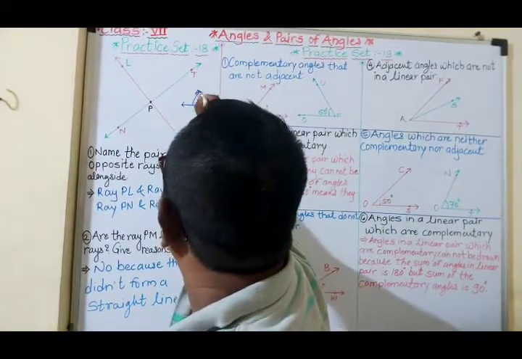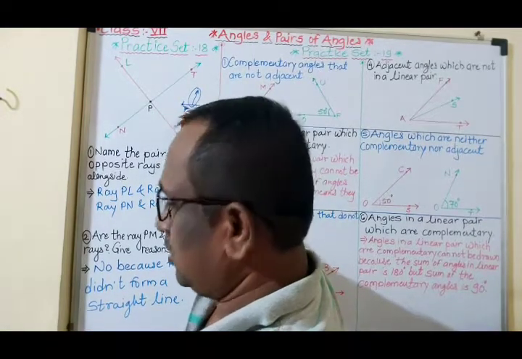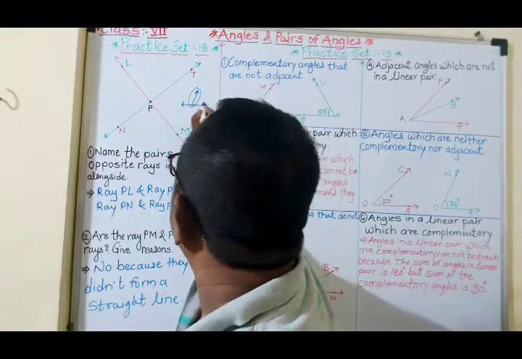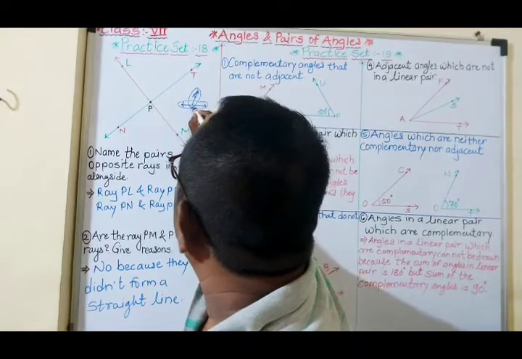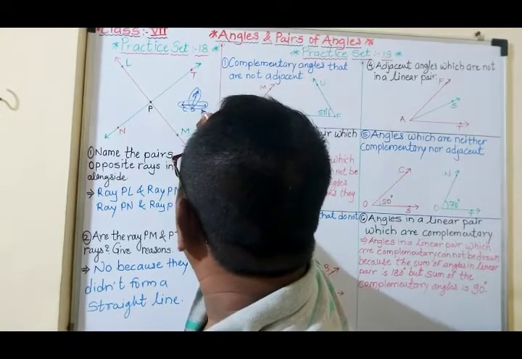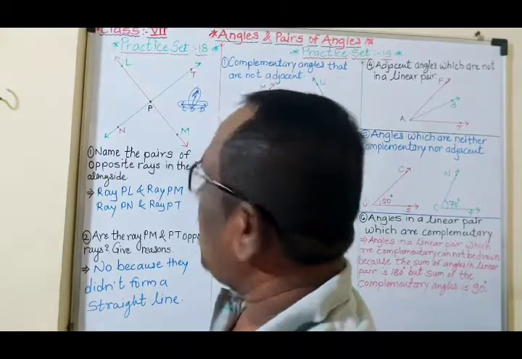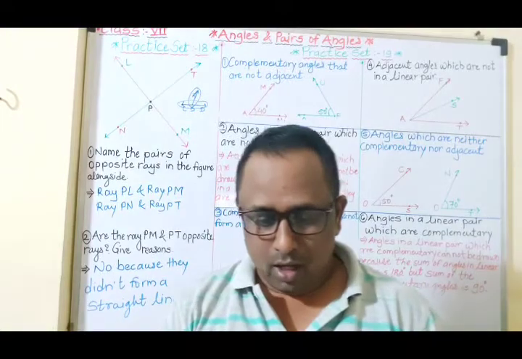For example, this is the common arm and the other arms form a straight line. Then for example, this is A, B, C and this is D. So angle CBA and angle DBA are angles in a linear pair.